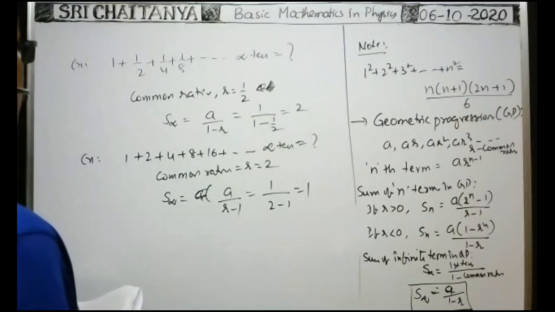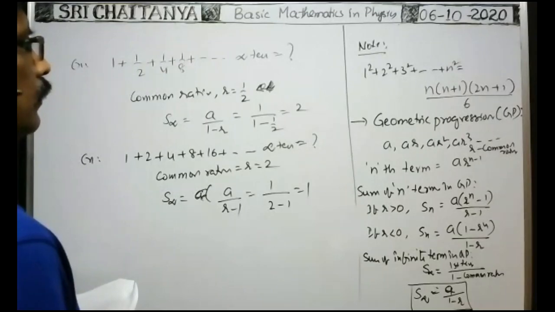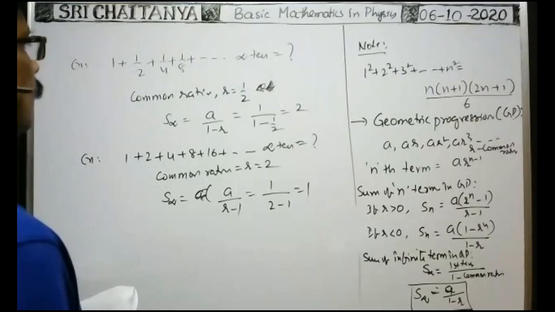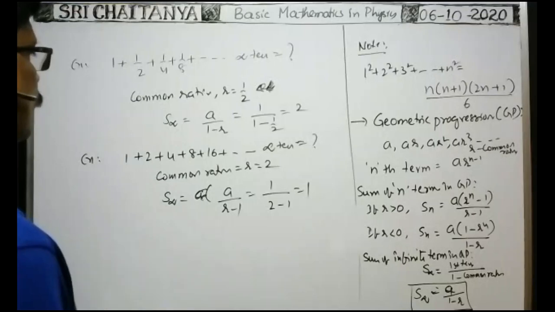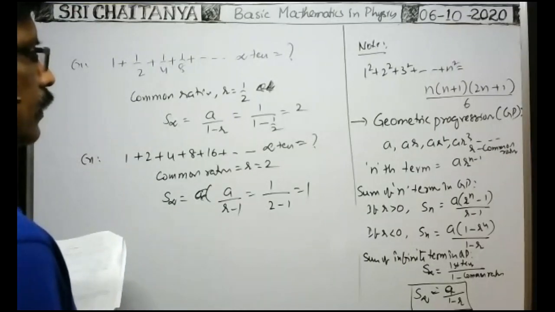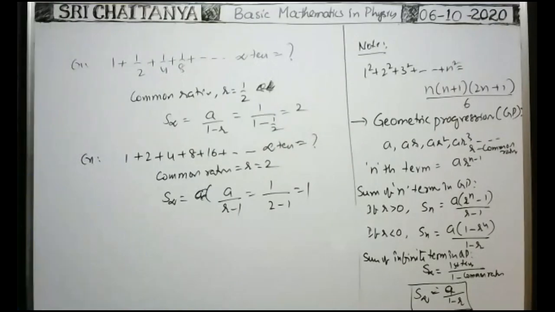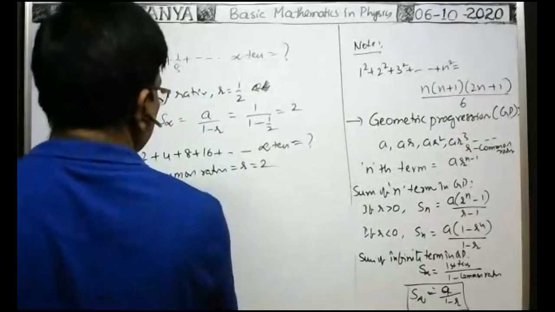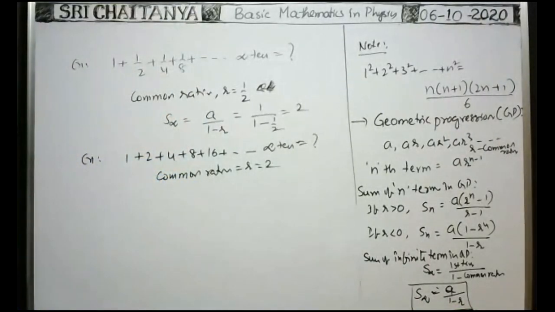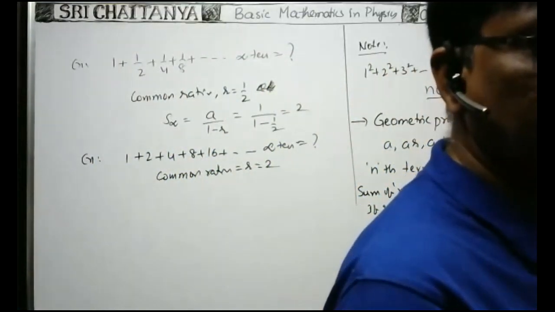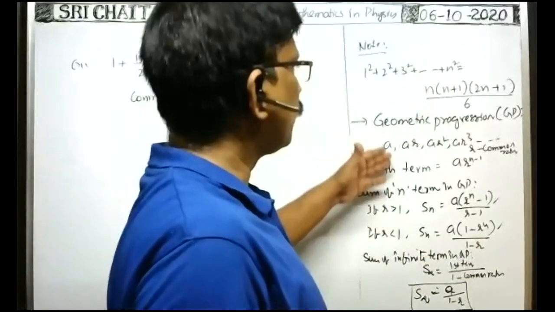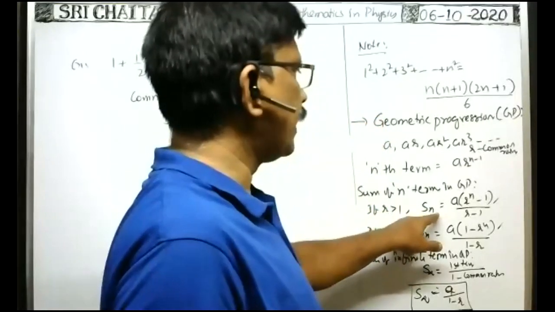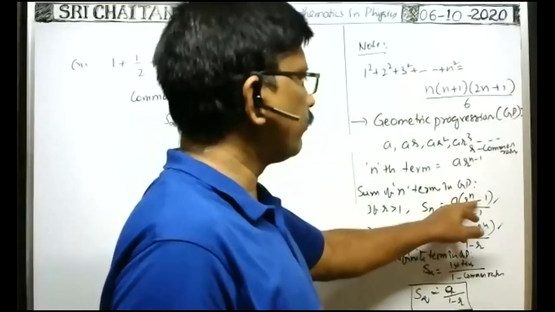No, it's not correct. Here in this case, in the sum of n terms in GP, when common ratio is greater than 1, we use Sn, the sum of n terms, is equal to a into r to the power of n minus 1 by r minus 1.